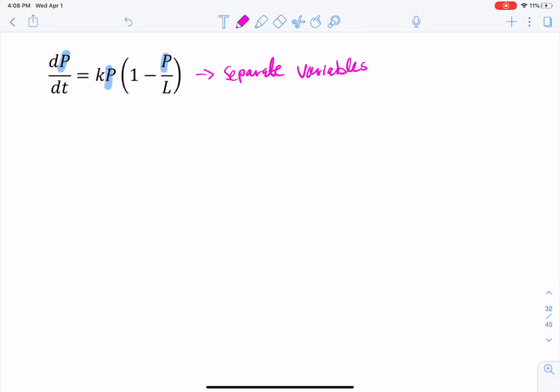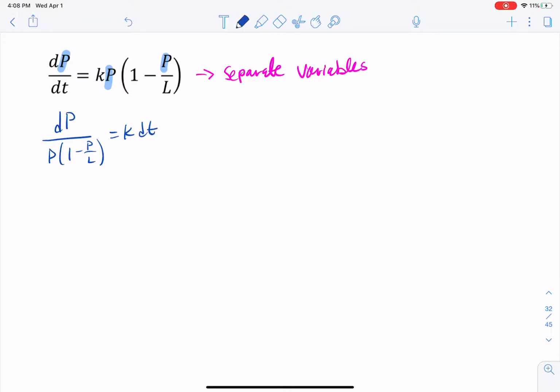The 1 minus P over L is going to come with the P that's inside the parentheses. And so this is the way that we write it: dP over P times 1 minus P over L is equal to k dt.